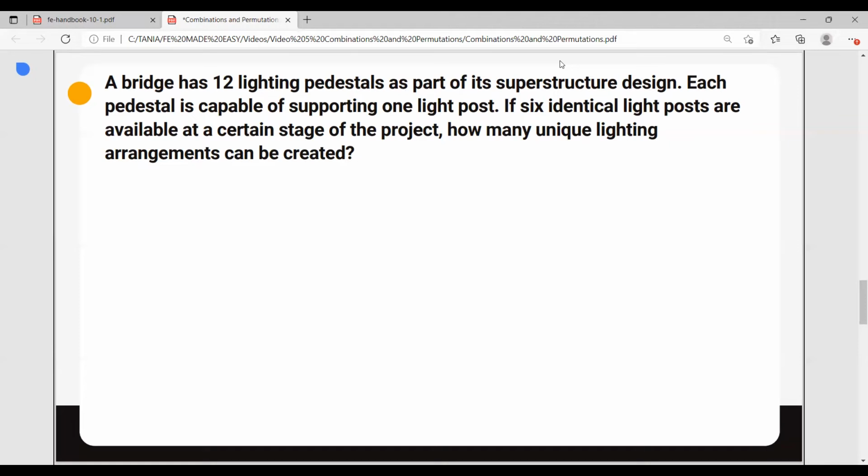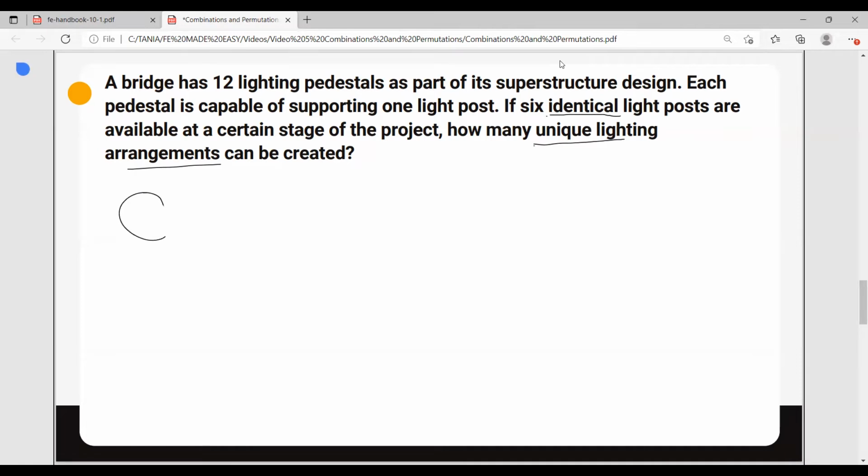But the trick here and the key word here is the identical, is this word right here. So think about the posts, they're all the same. So it doesn't really matter in which order you place them in a group because it's going to all be the same, right? So this is a tricky problem here and you have to pay attention.